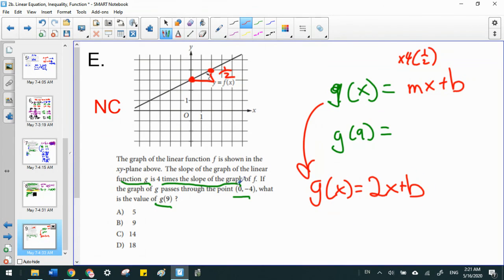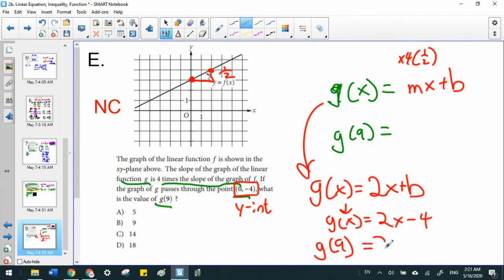And the fact that they told us it passes through the point (0, -4) means they already gave me the y-intercept, so the b value must be -4. So now when they want the value of g of 9, I can just plug 9 into the function, and then I'll get to my solution super quickly.